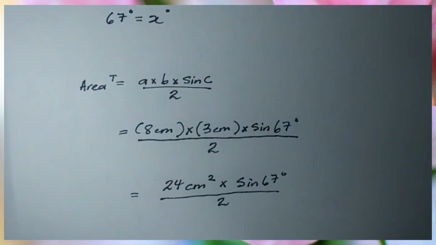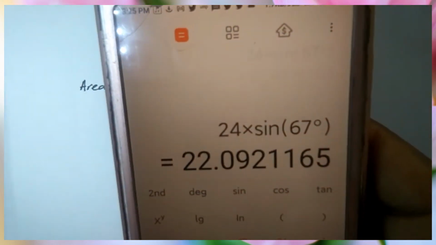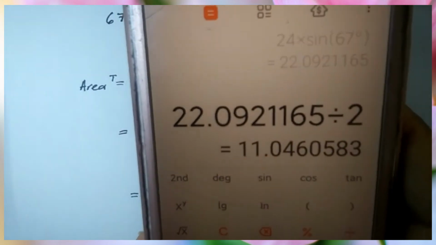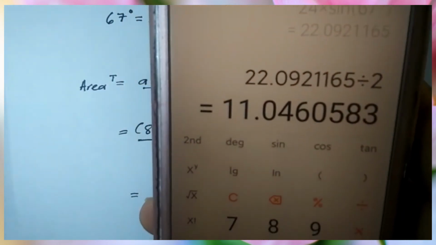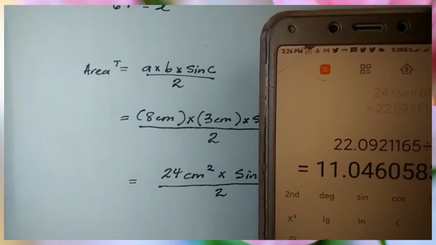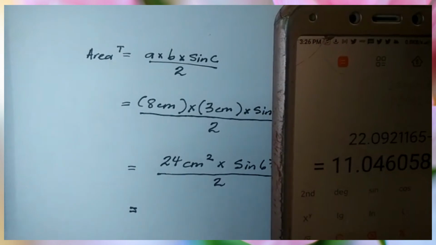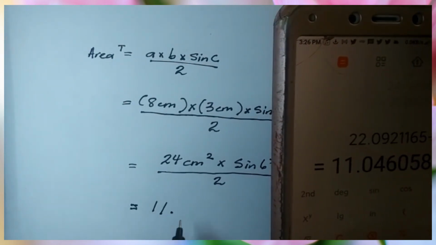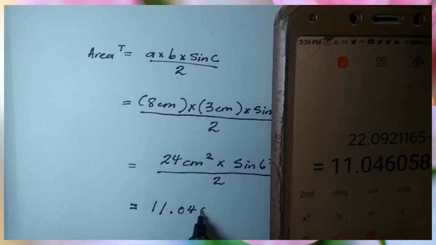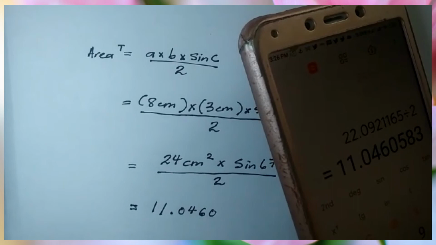But am I finished? No, I need to divide by 2. So I'm going to divide my answer by 2, and I'm going to get 11.046. So my area is going to be equal to 11.046.